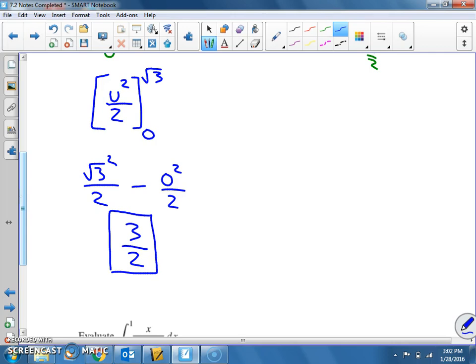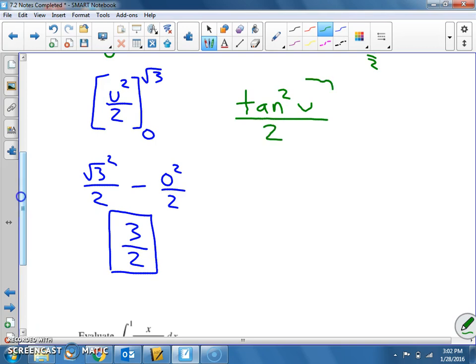So if we kept the limits but changed it back to the tangent of x, we would have tangent squared of x over 2, right?